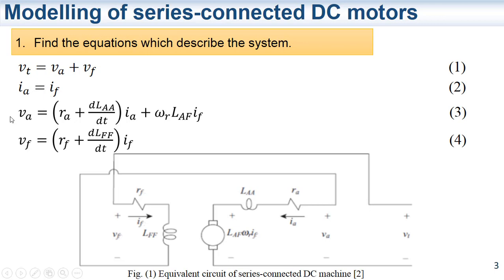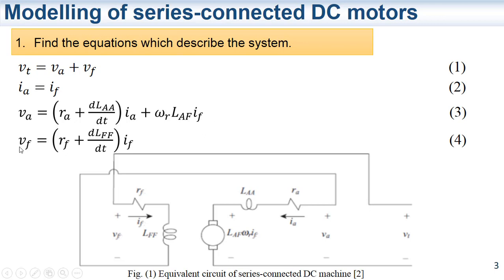Equation 3 represents the armature circuit in terms of its self-resistance and self-inductance, and the voltage induced in the armature circuit, commonly referred to as back or counter electromotive force, which is the multiplication of the rotating speed and the mutual inductance between the armature and field circuits, multiplied by the field current.